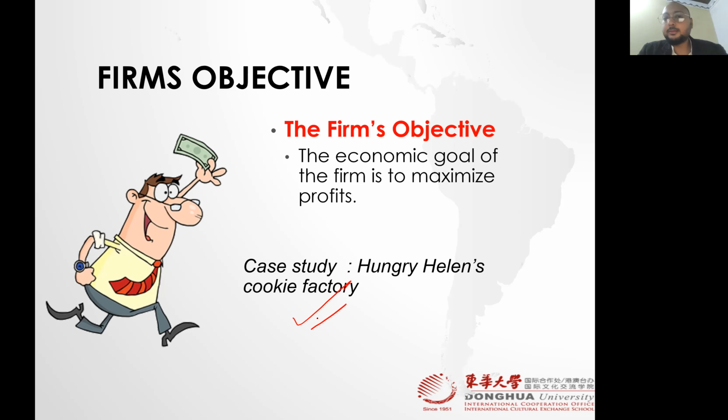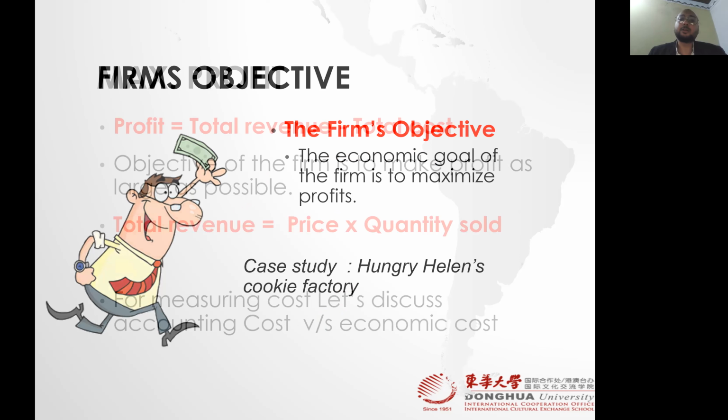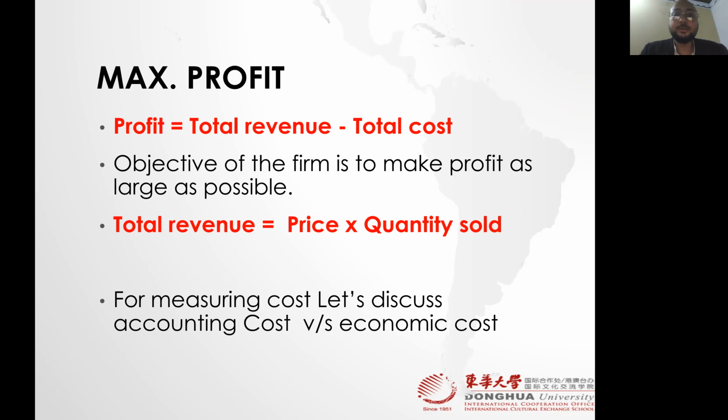We discussed that the economic objective of the firm is to maximize profit. Total profit is equal to total revenue minus total cost.